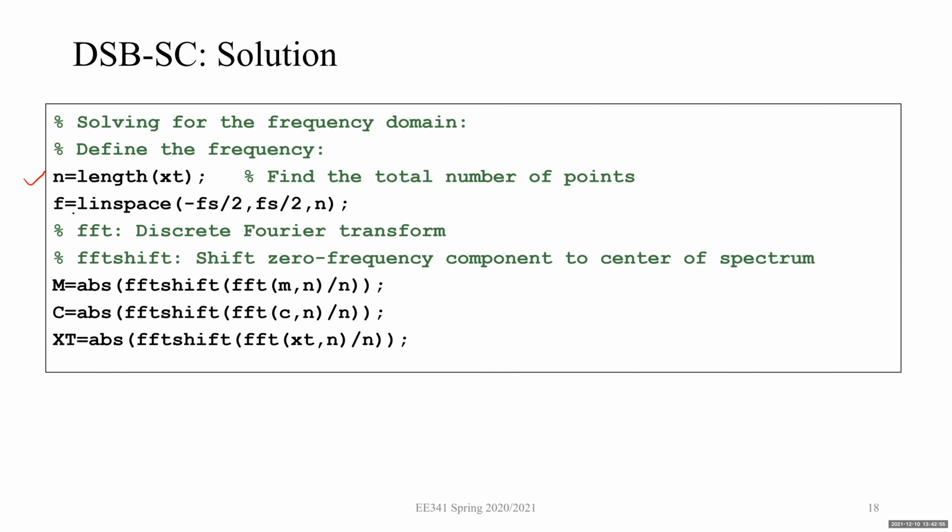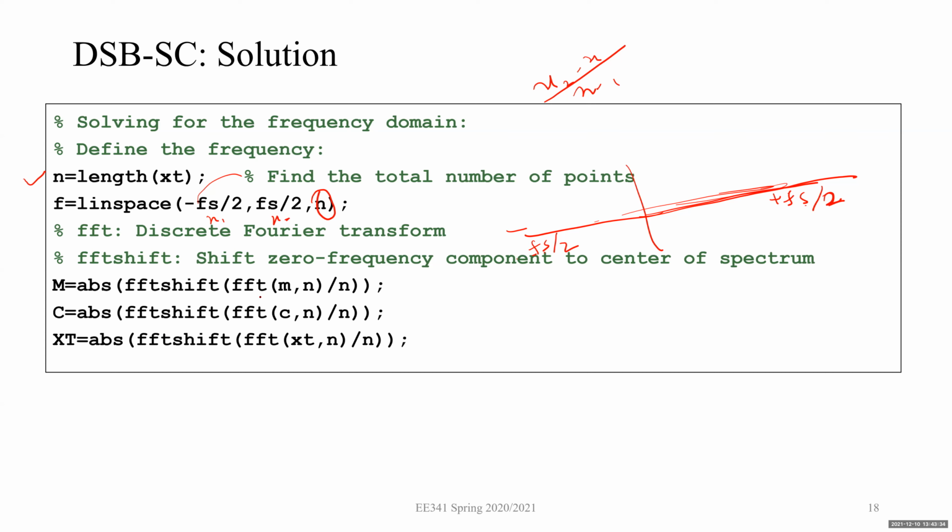And then linspace will give me the number of points, and it will start from minus fs by 2 to plus fs by 2, and n is the number of points. So x2 minus x1, divided by n minus 1, will give me the increment between my minus fs by 2 and fs by 2.